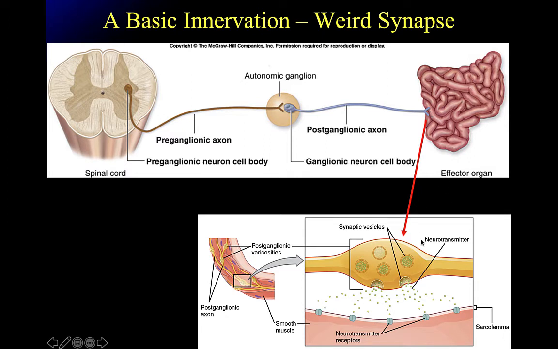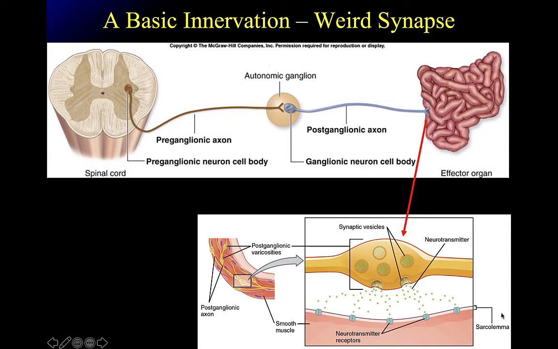What you can see here is how this is actually going to synapse once it gets to the effector, which is interesting. There are numerous postganglionic varicosities on this postganglionic axon, and each of them is capable of releasing neurotransmitters from synaptic vesicles into a gap between the varicosity and the receptors on our effector organ.